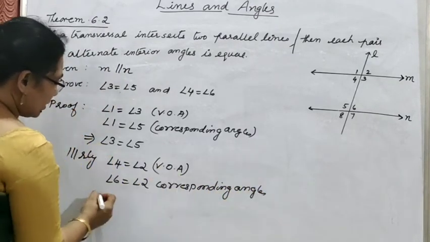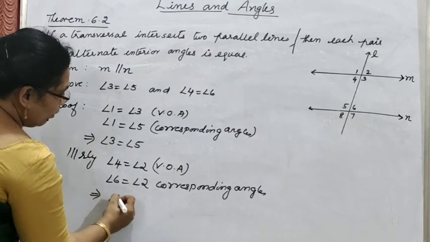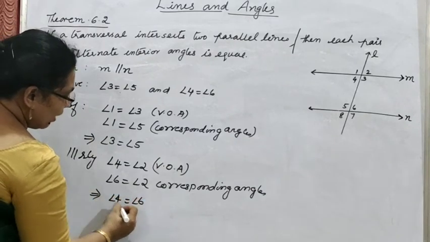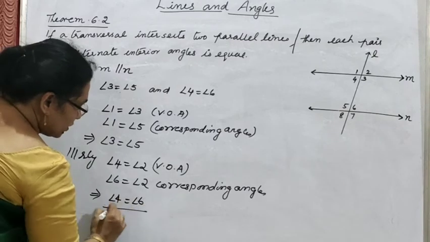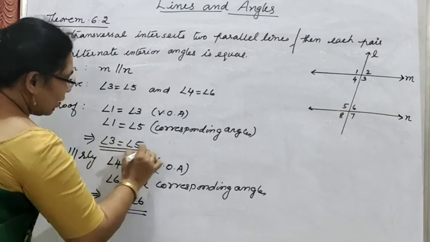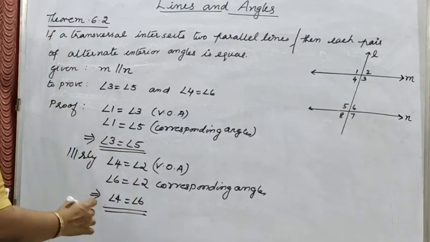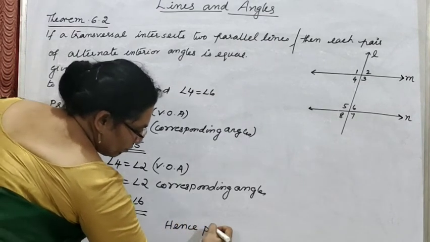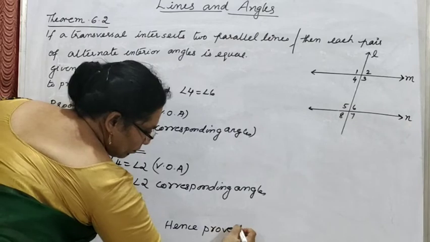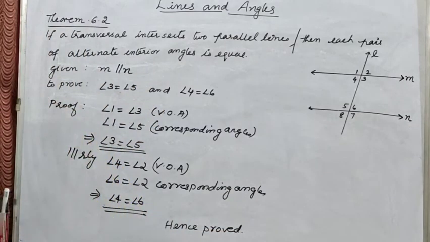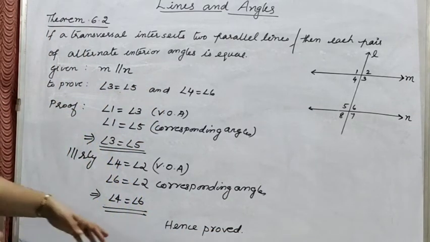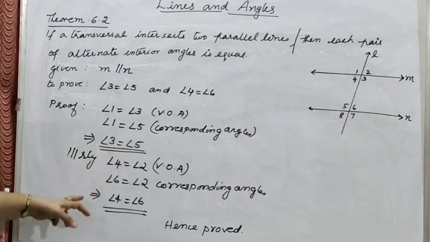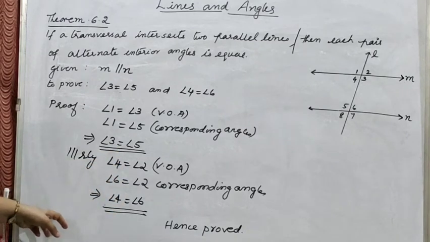Now by using this, it shows that angle 4 and angle 6 are equal. This is also a criterion we required. So we can write hence proved. Both criteria we have used, and we have proved that alternate interior angles are equal.